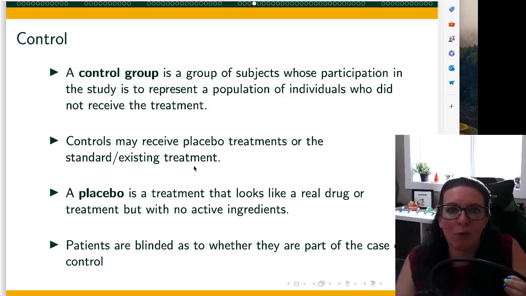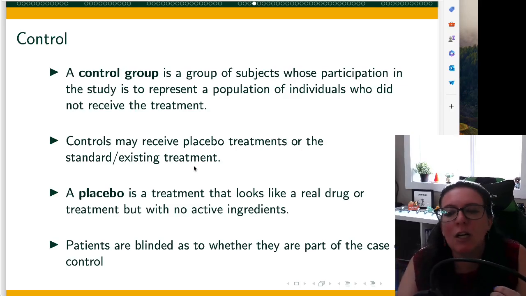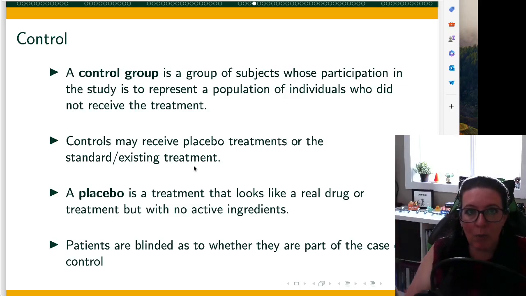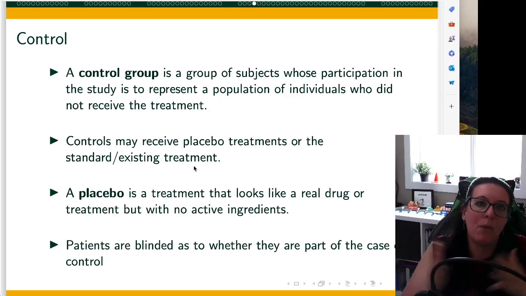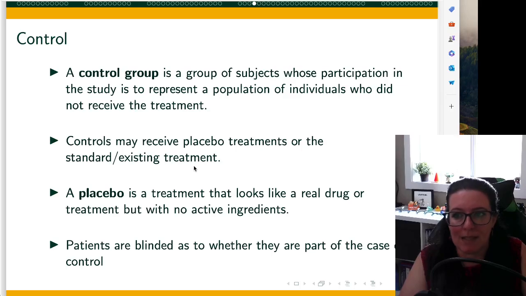That's why, if we're doing a medical study, we would give everyone a pill. Some pills would just be sugar, and some would be the active treatment, the active drug. Everyone would act as if they had been given the real treatment, but then we're measuring only the impact of that treatment itself.